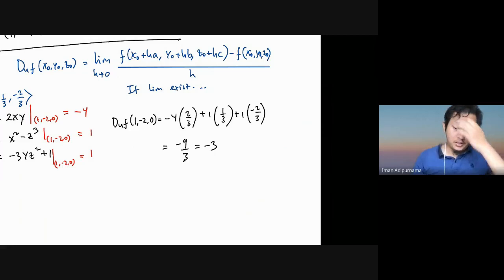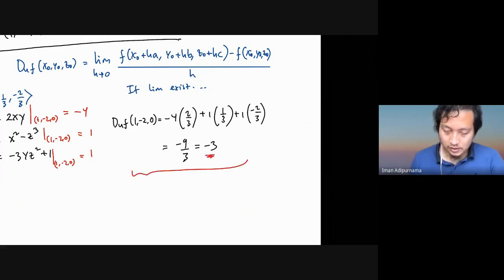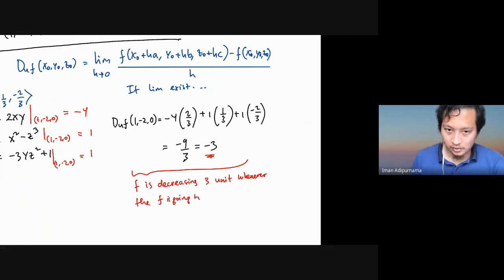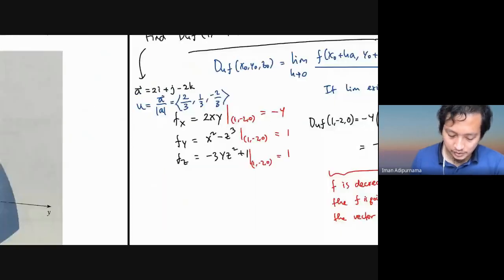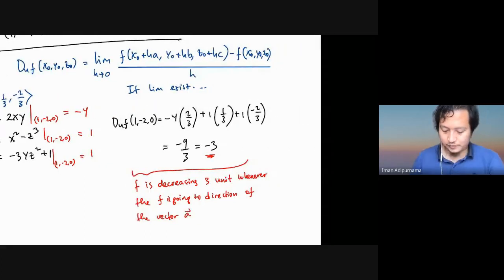What it means is that the term is negative, so the function f will decrease 3 units whenever the function is going in the direction of the vector. This is the vector, let's say the vector a. So whenever the function is going in the direction of a, the function will decrease 3 units.